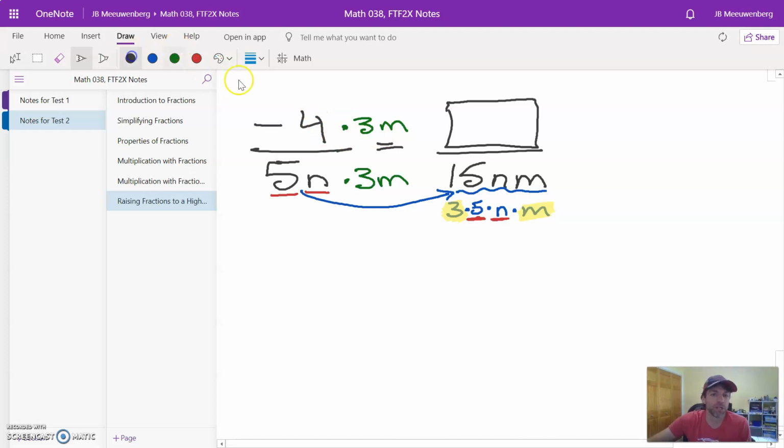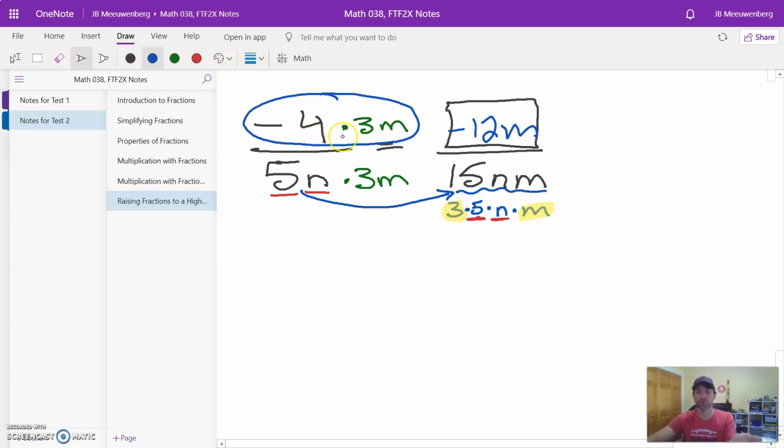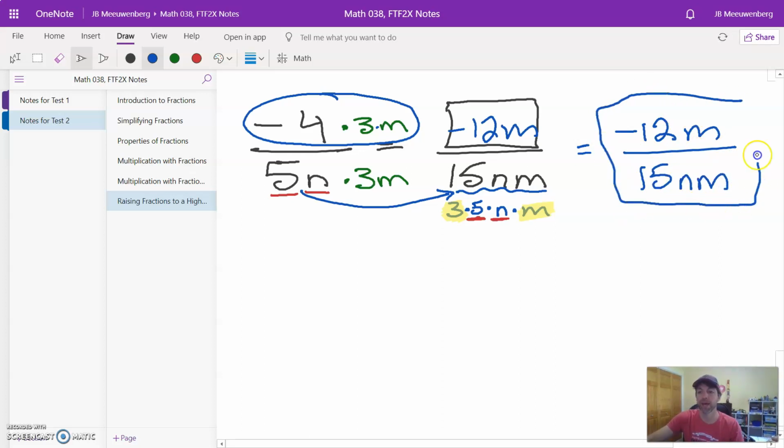Negative 4 times 3m will be negative 12m, right? It's just all of these three things multiplied together. The number negative 4 times 3 times some other number m, which we don't know what it is. So we would say our fraction raised to a higher term is negative 12m over 15nm. And that is raising fractions to a higher term.